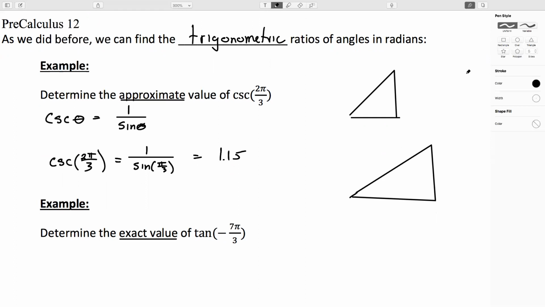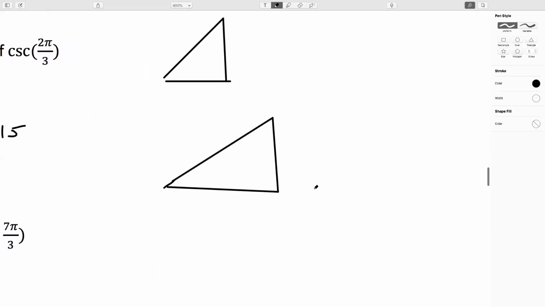We can draw these in radians. So I suppose I should zoom in a little more. Let's label the outsides first. We've got 1, 2, root 3, and we have 1, 1, root 2.